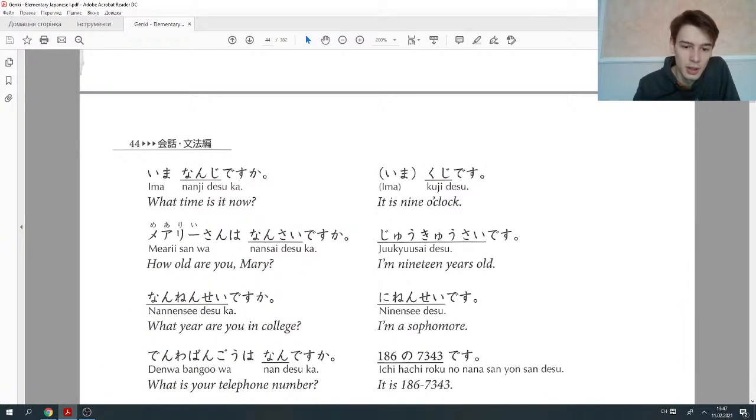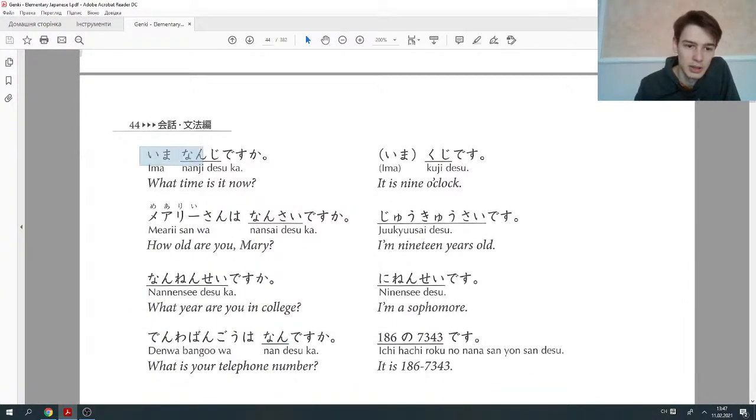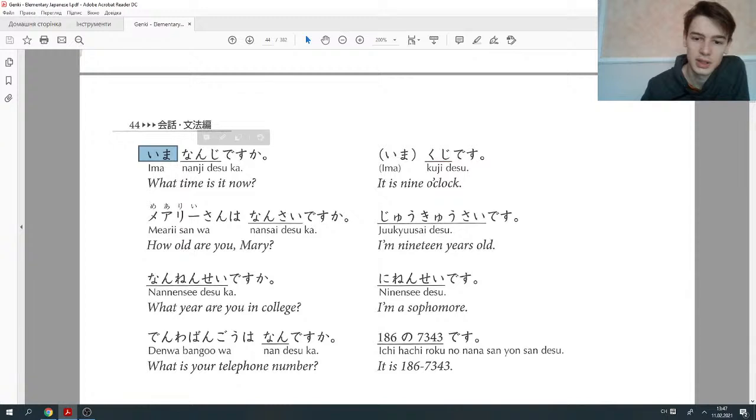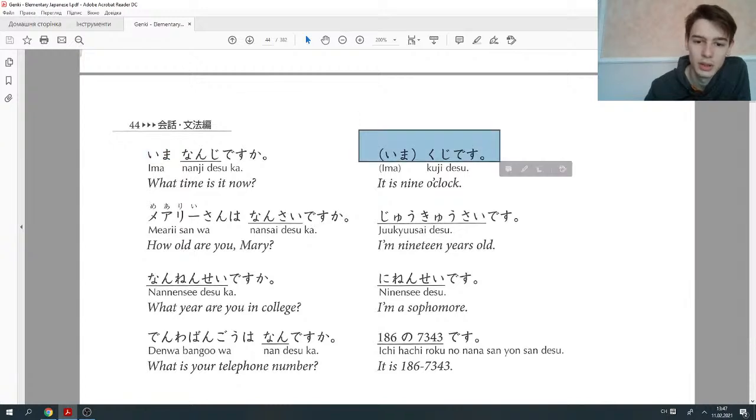Okay, let's read the next examples. Ima, now. Nanji desu ka? What time is it now? Ima 9-ji desu. Mary-san wa nansai desu ka? How old is Mary? 19-sai desu. 19 years old.